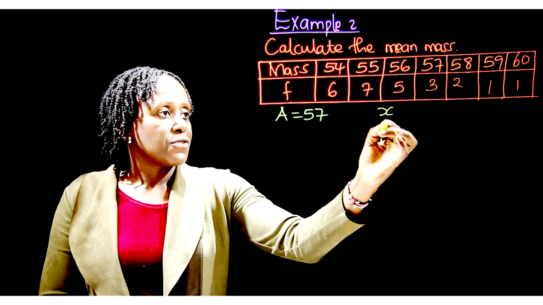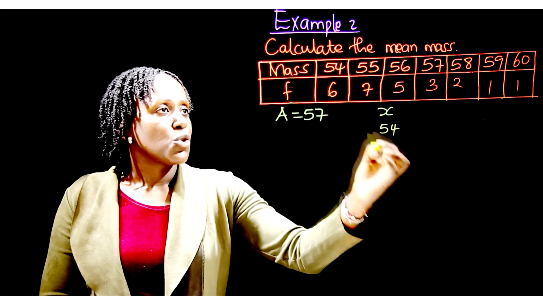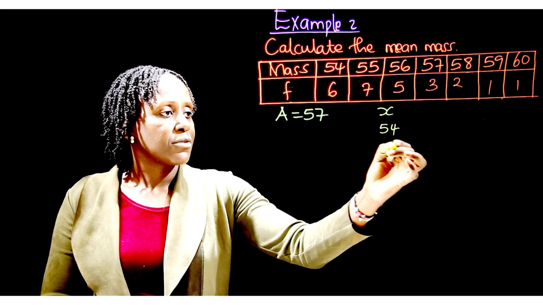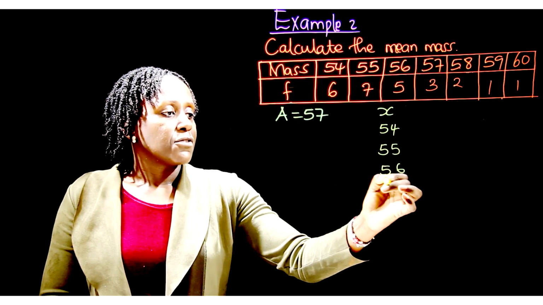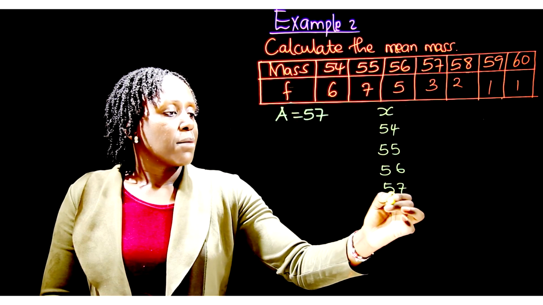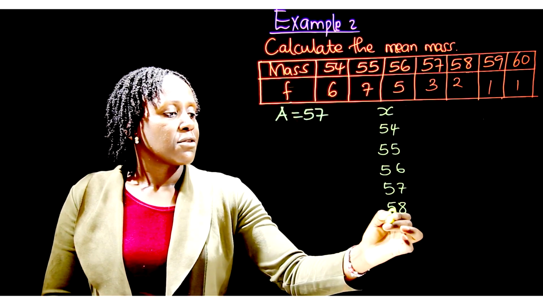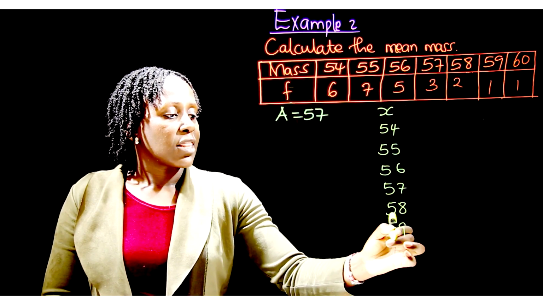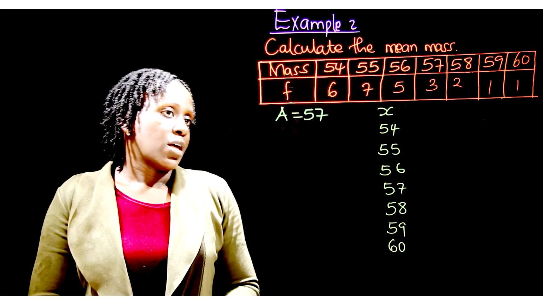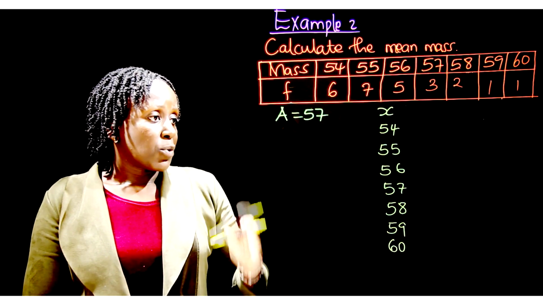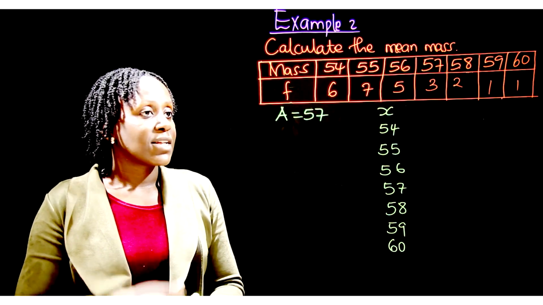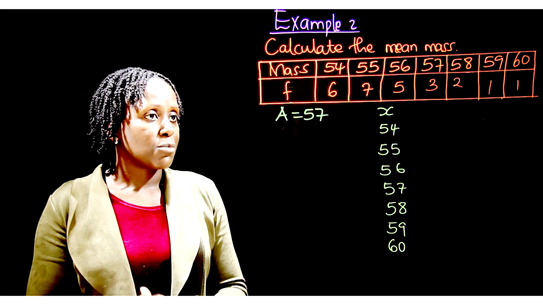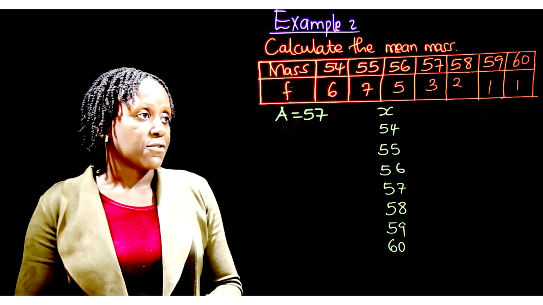So we have 54, 55, 56, 57, 58, 59, and then 60. Then we have the frequency, so we're going to record it because we need it to calculate ft. Remember, the formula had the summation of ft.